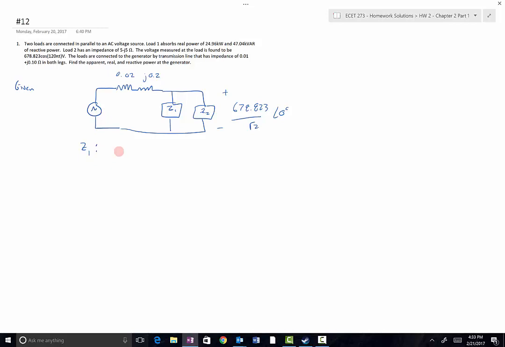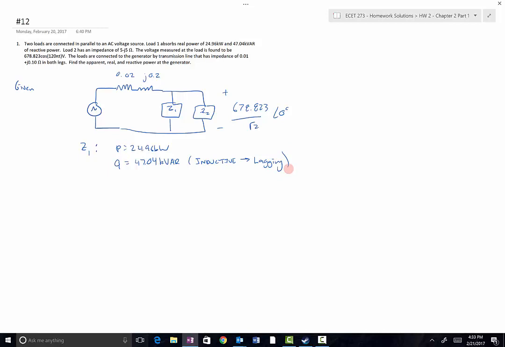We were told that P is equal to 24.96 kW and Q is equal to 47.04 kilovar. We also say it absorbs, so that's inductive, which means it is lagging. That's a lagging load.